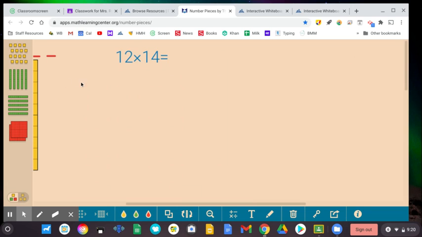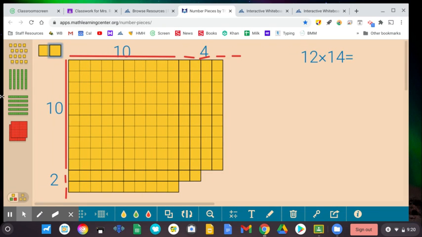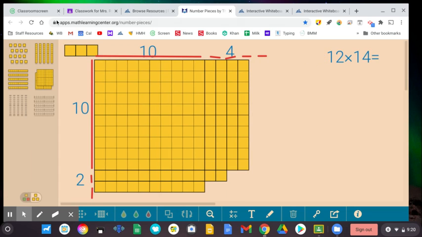And, oh, I lost it. I guess the colors don't want to change. So let's put this here and this one here. Looks like we need one more. Okay.